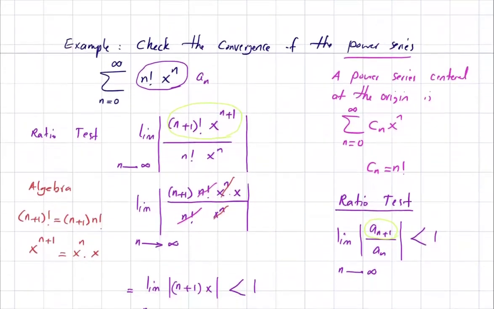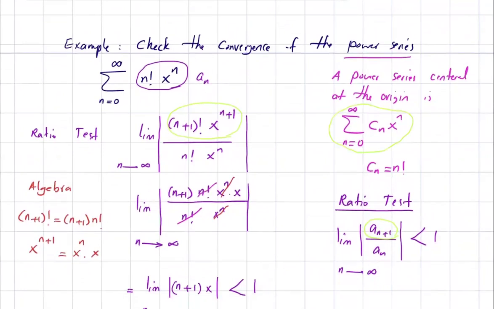Here you have the summation of n factorial x to the n, starting from 0 and going to infinity. For a power series centered at the origin, we have the following definition: the summation of c_n x to power n, starting from 0 and going to infinity.